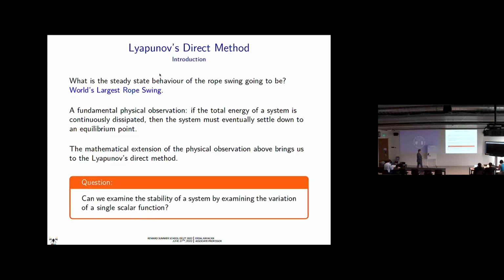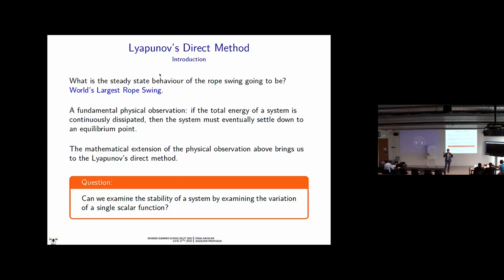So the question: can we examine the stability of a system by examining the variation of a single scalar function? So there is the nonlinear system and a set of equations. And then you create another function which is totally independent of the system equations.